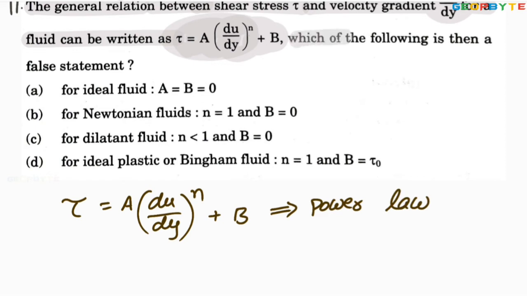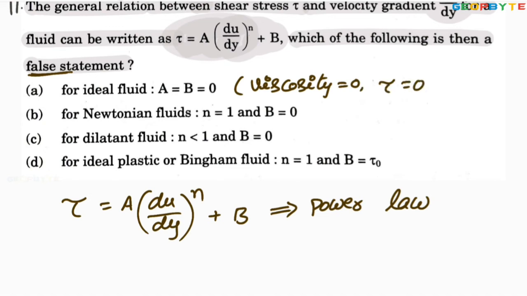It is asked which of the following is a false statement. You are asked to decide the incorrect statement, not the correct statement. Look at the first statement: for an ideal fluid, a equal to 0, b equal to 0. Ideal fluid means viscosity is 0, so shear stress equals 0.